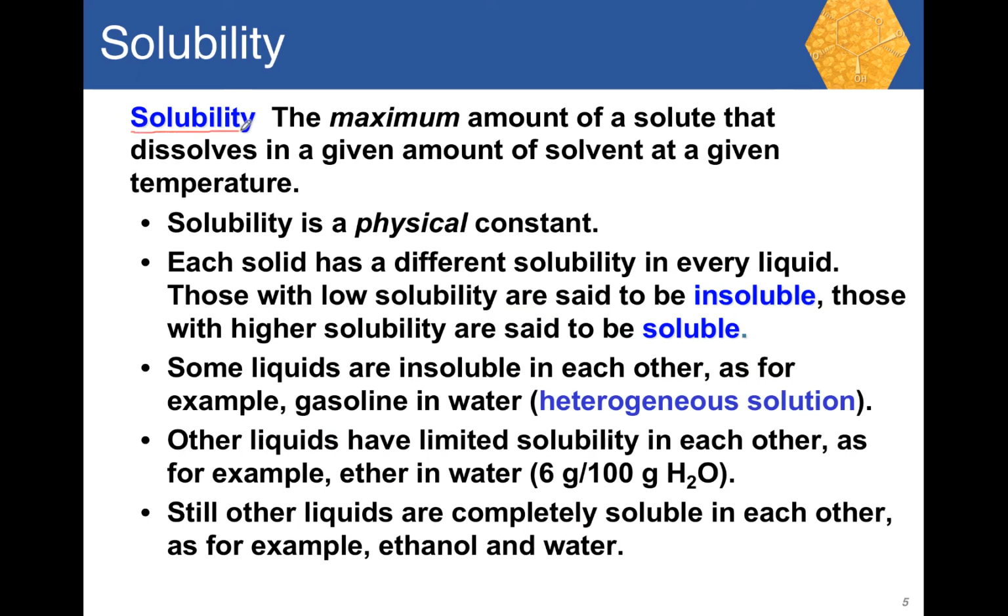Solubility. Solubility here is a physical property of a solute. So in a particular solvent, there is a maximum amount of solute that can be dissolved in that solvent. So again, imagine salt and water. There's a maximum amount of salt that can be dissolved in a specific amount of water at a given temperature.